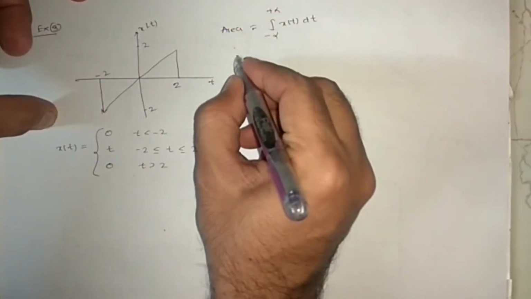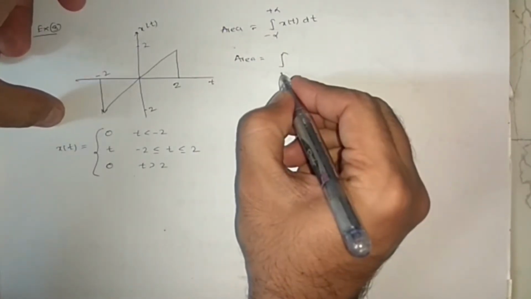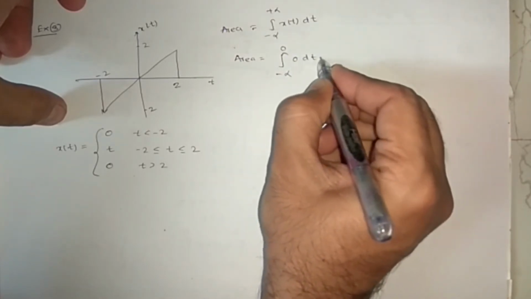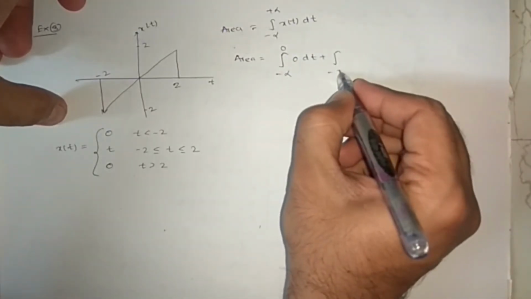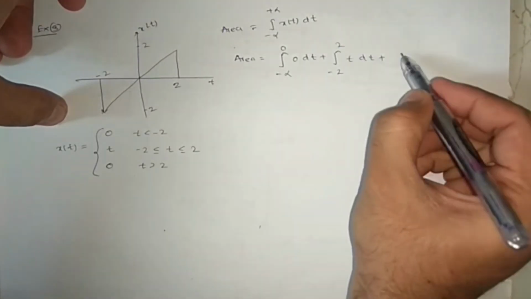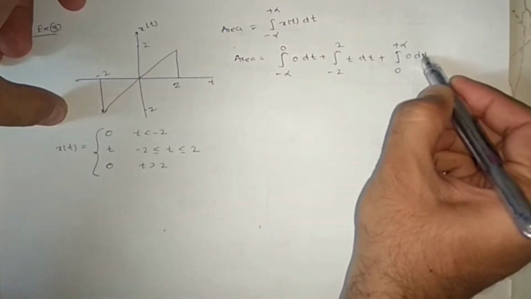So here area is the integral from minus infinity to minus 2 of 0 dt, plus minus 2 to 2 of t dt, plus 2 to plus infinity of 0 dt.